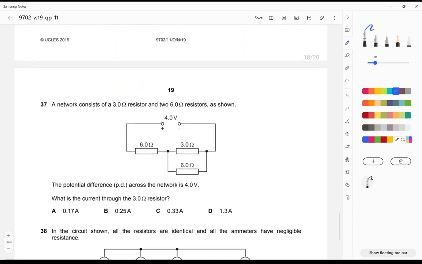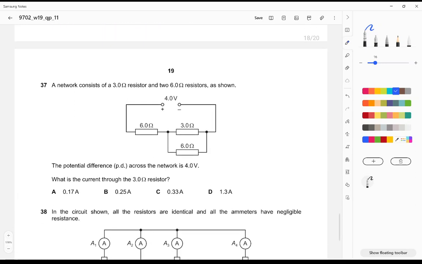This was interesting, tricky. The network consists of a 3 ohm resistor and two 6 ohm resistors as shown. The potential difference across the network is 4 volts. What is the current through the 3 ohm resistor? This is basically a baby level question.